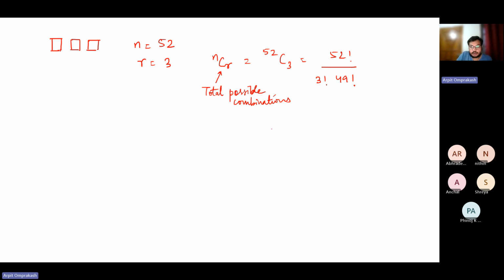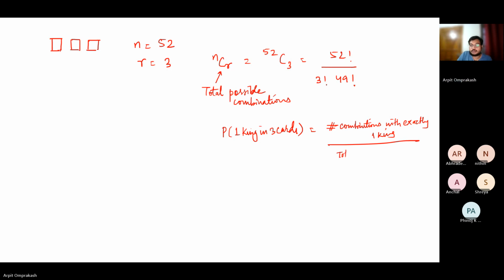That probability will basically be the number of combinations with exactly one king divided by the total number of combinations.